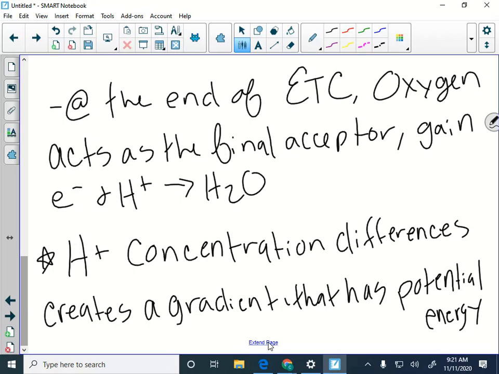Do you remember when we talked about photosynthesis, how during the light reactions we had electron transport chains pumping hydrogen ions against their concentration gradient, and the only way they could get back to where they wanted to go was through a molecule called ATP synthase? Exact same thing happens here.